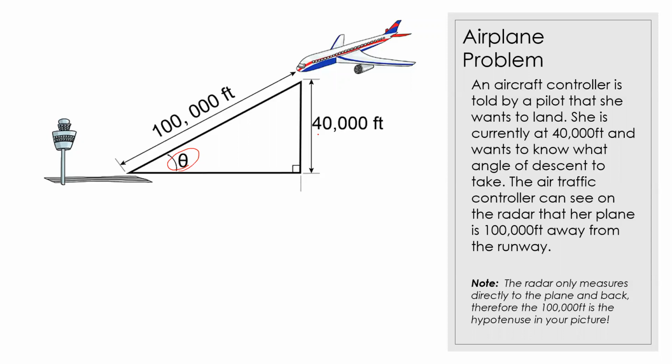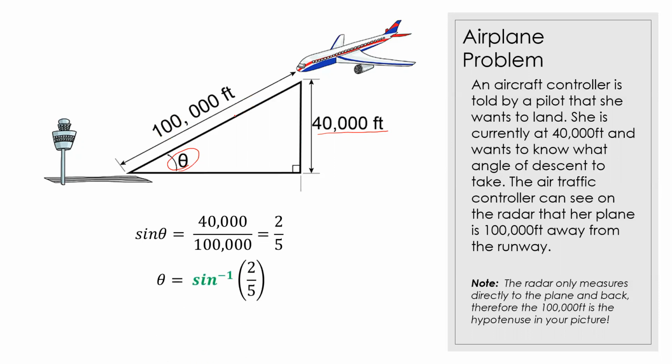We have this being 40,000, and that's opposite, and this being 100,000, and that's the hypotenuse. Opposite over hypotenuse, that calls for sine. So sine of theta is 40,000 over 100,000, reduced to be 2/5.